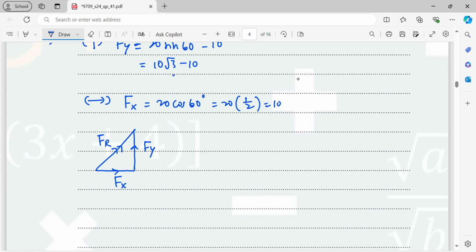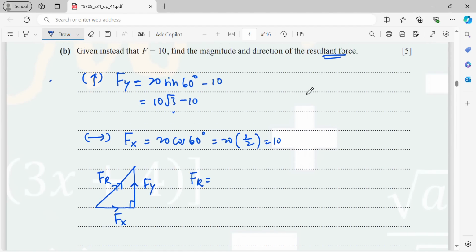Because the horizontal force is perpendicular to the upward force, I can just use the Pythagoras theorem. So Fr will be the square root of Fx squared plus Fy squared.